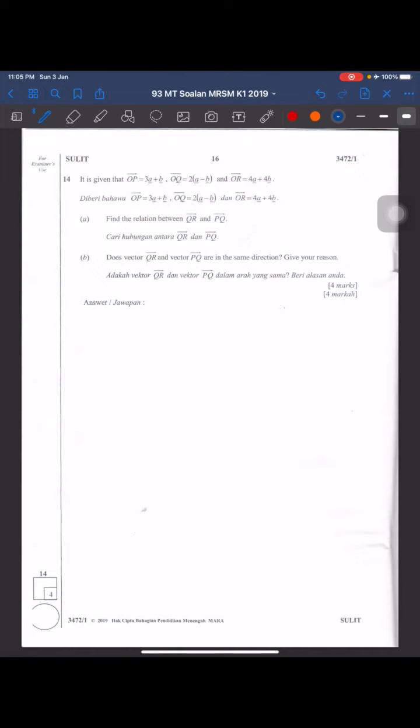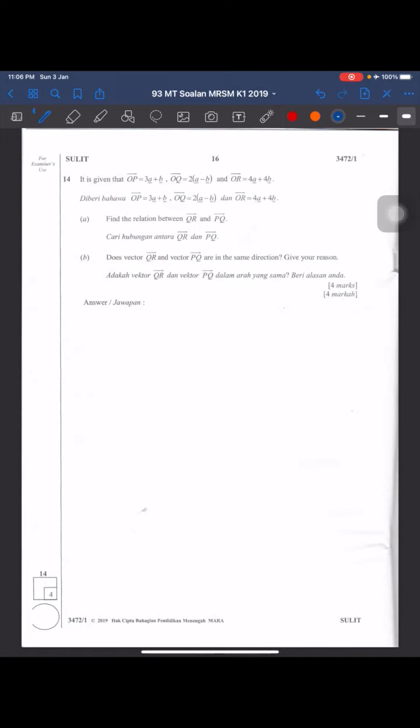Okay, question number 14. It is given that OP, OQ, and OR. Find the relation between QR and PQ. Okay, so vector. For me personally, saya lebih suka kalau vektor saya dalam bentuk kolom.